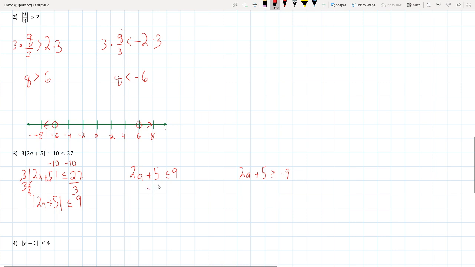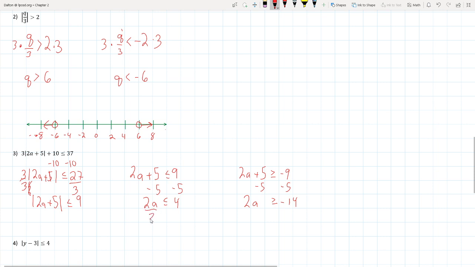So I subtract 5 from both sides, I get 2a is less than or equal to 4, and I subtract 5 and subtract 5, and I get 2a is greater than or equal to negative 14. And you could do one side and then do the other if you want to. I like to do them both at the same time.